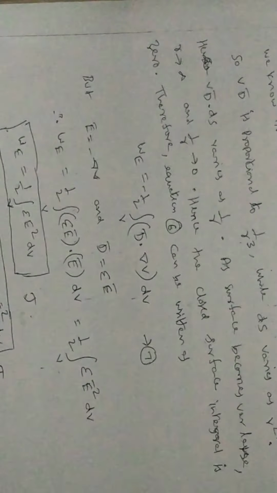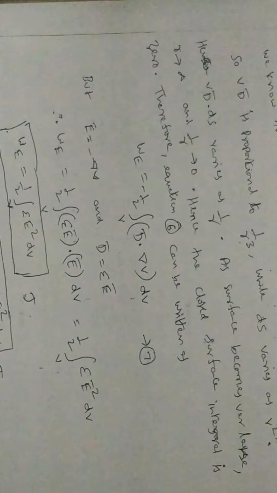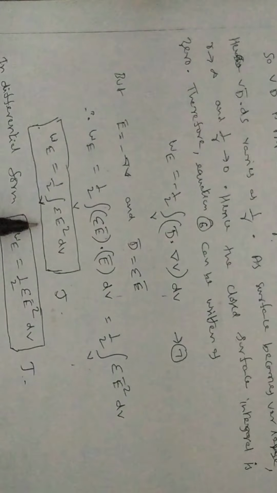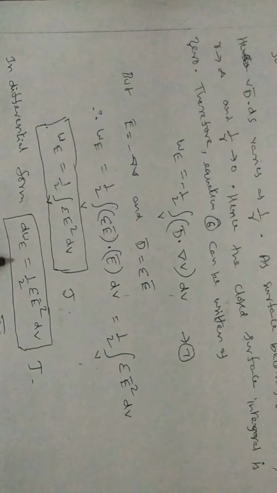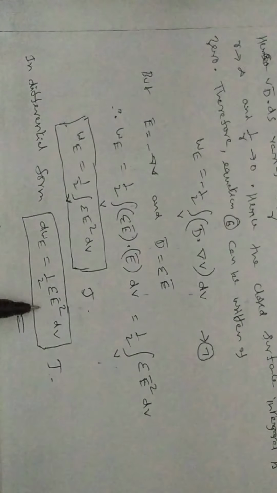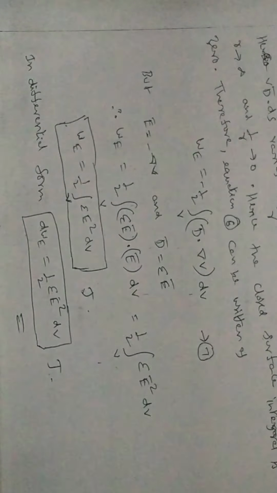So the energy stored W is equal to 1 by 2 volume integration of epsilon E square into dv. And in differential form, that is a very small value, dW is equal to 1 by 2 epsilon E square dv joules. So this is the energy expended or energy stored in a given space.